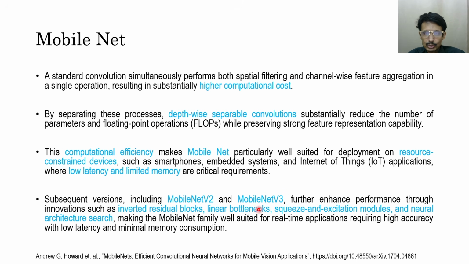Subsequent versions, including MobileNet V2, further enhance the performance through innovations such as inverted residual blocks, linear bottlenecks, squeeze and excitation modules, and neural architecture search. These are some advanced proposals that make MobileNet V2 and V3 more improved over MobileNet V1, which we have discussed. This makes the MobileNet family well suited for real-time applications requiring high accuracy with low latency and minimal memory consumption. So this is the basic idea, very good.